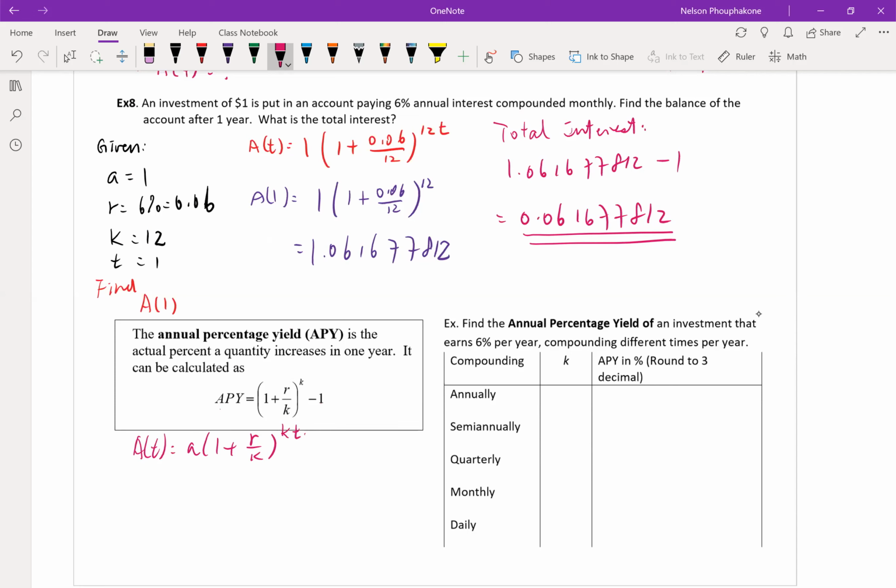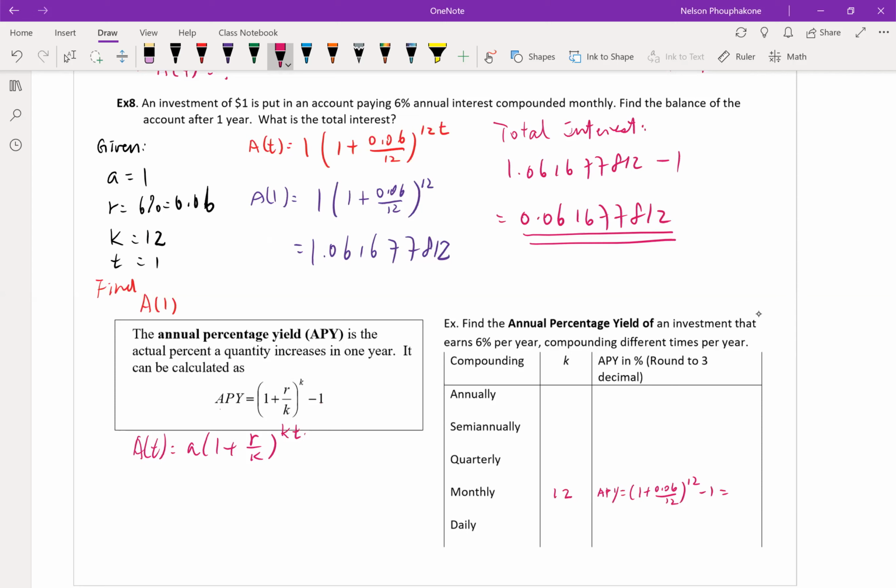Okay, so now it is your turn. Now go ahead and try to fill this table. So we worked on the 12 already. So I have the monthly K is equal to 12. And then what is the APY? It is 1 plus 0.06 over 12 raised to the power of 12 minus 1, right?